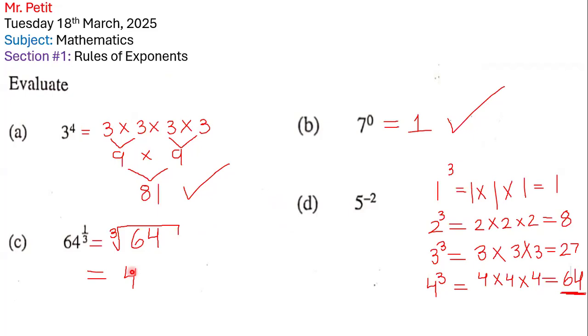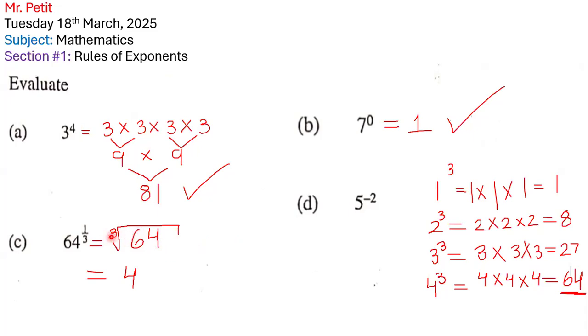4 to the 3rd power is 64, and 3 represents the 3rd power. When we do 1 over 3, that is explaining that we should find what gives us 64 as the 3rd power, and that would be 4. Very good try.